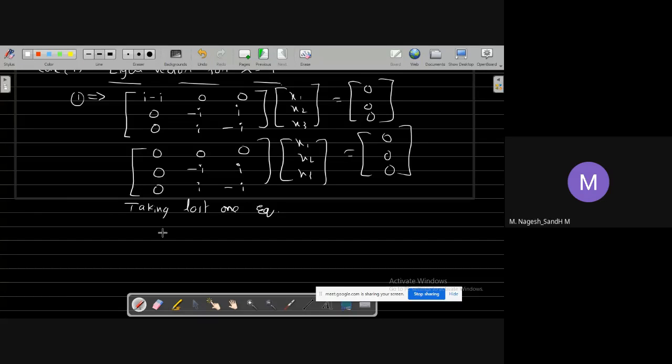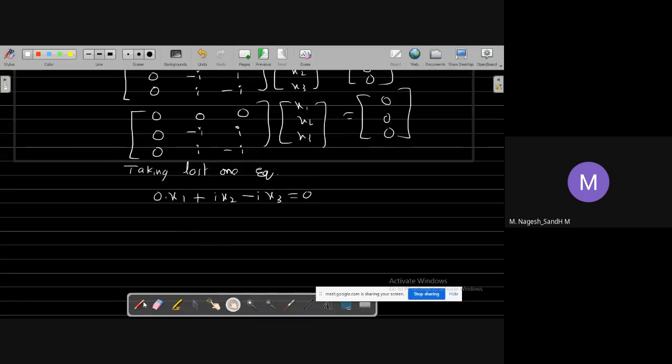Listen here: 0 into x1, plus i into x2, minus i into x3 is equal to 0. We cannot do anything with the first term; 0 into x1 is 0. So i into x2 minus i into x3 is equal to 0.